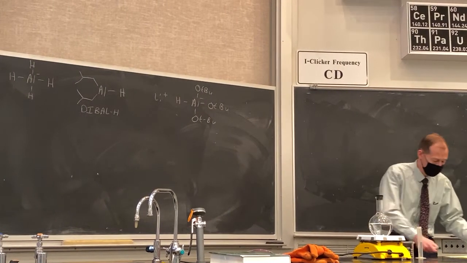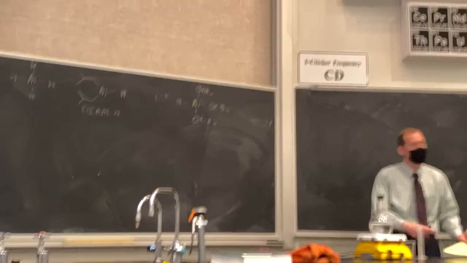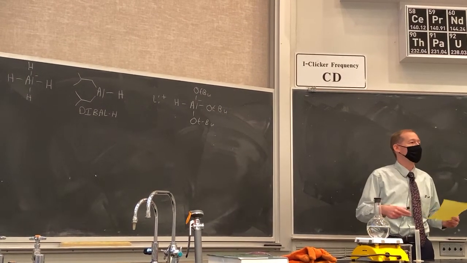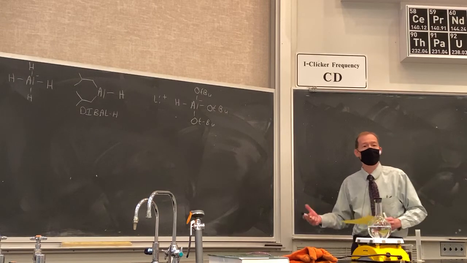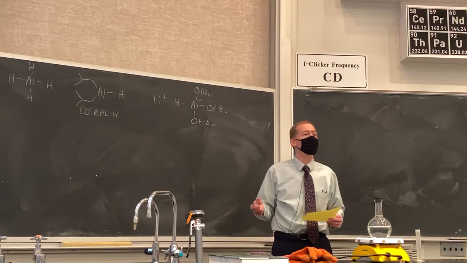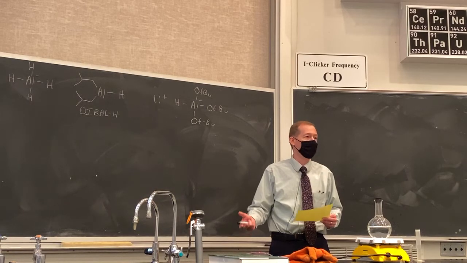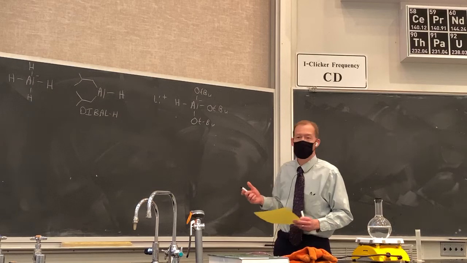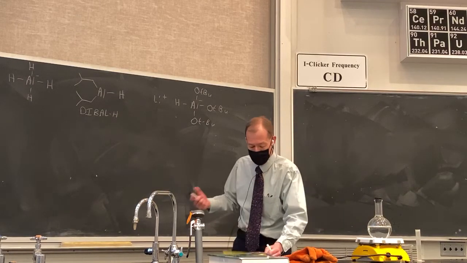Okay, very good explanation. So we don't have to memorize that these reagents are less reactive than lithium aluminum hydride. We can understand it by looking at the structures. However, all of these are more reactive than sodium borohydride, which we learned about last week, due to the lower electronegativity of aluminum than boron.